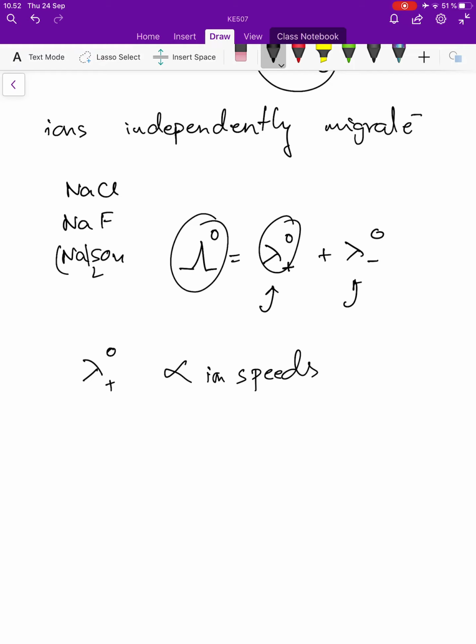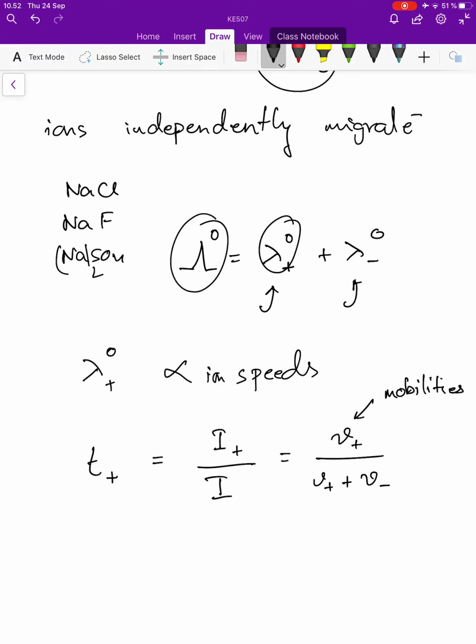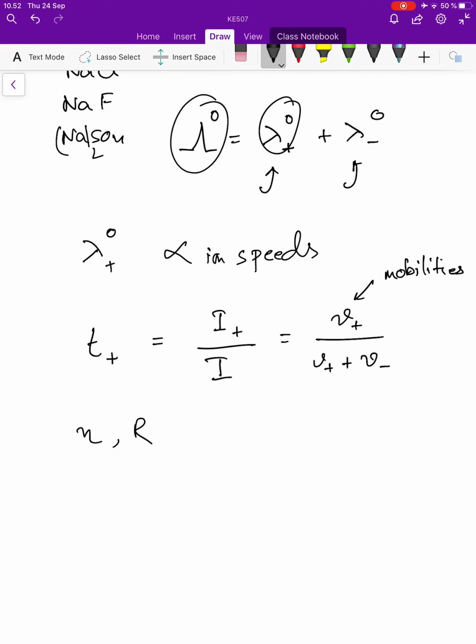And it can be shown that the fraction of charge carried by a certain ion, so let's say the fraction of charge carried by the cation, which is equal to the total current carried by the cation divided by the total current, is equal to the velocity of the cation divided by the sum of the velocities of the cation and the anion. In some cases, these are also called mobilities. And these mobilities or velocities are different and depend on various factors such as the diffusion coefficient, the viscosity, the size of the ion, and so on.